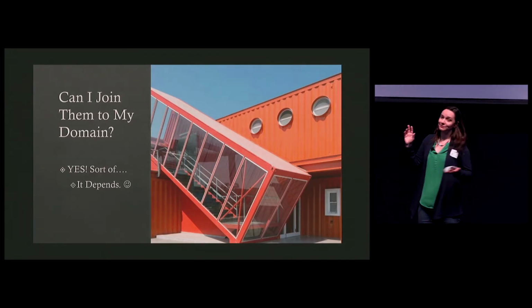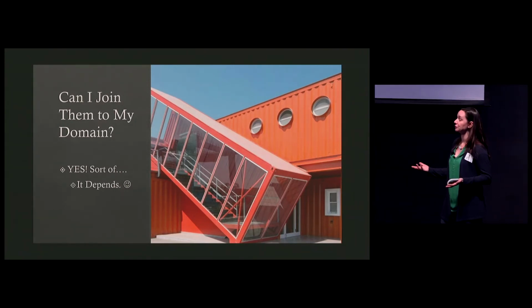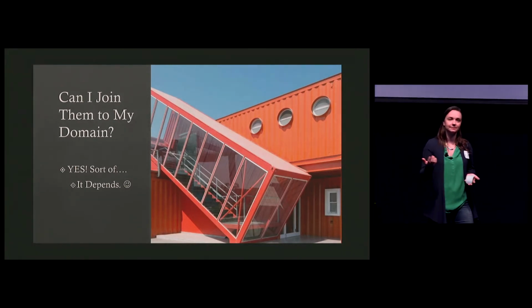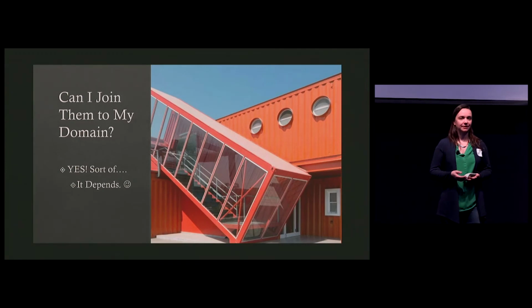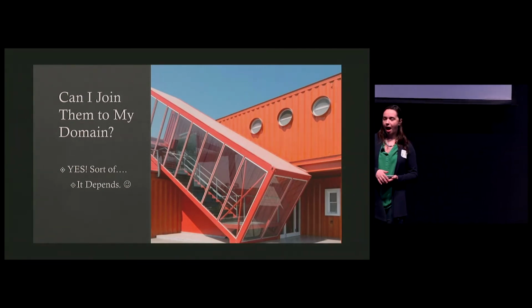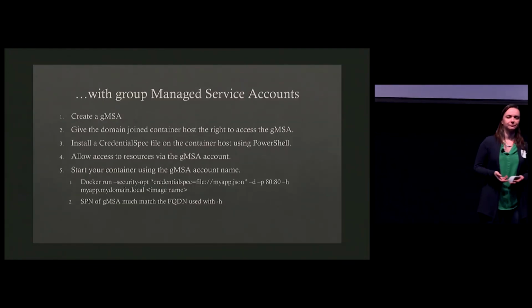So one of the Windowsy things that people want their Windows workloads to do is actually be joined to the domain. And you can join them to the domain. Yes, sort of. It depends, which always seems to be the standard systems administrator answer to every question. And the way that we do that is actually with a group managed service account.